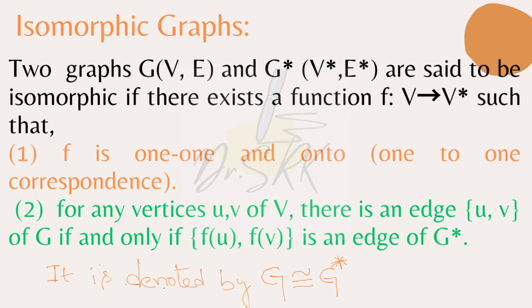Symbolically it is denoted like this, read as G is isomorphic to G star.